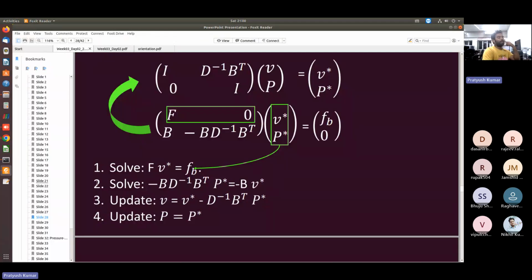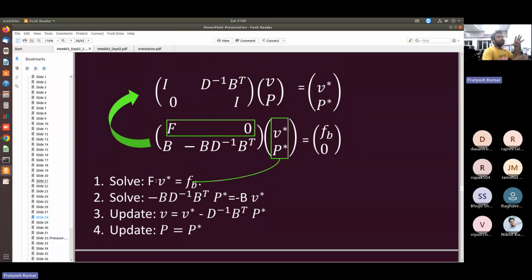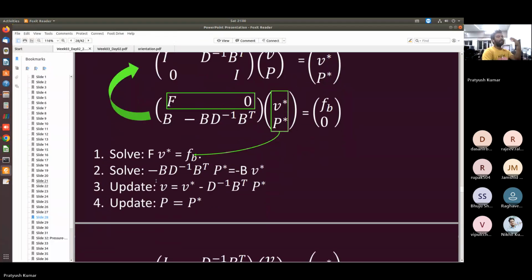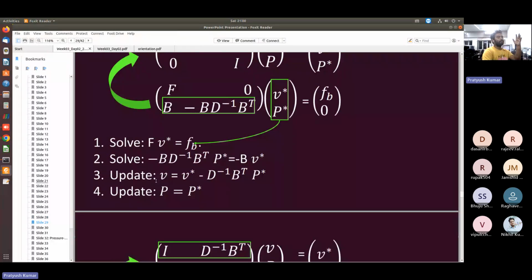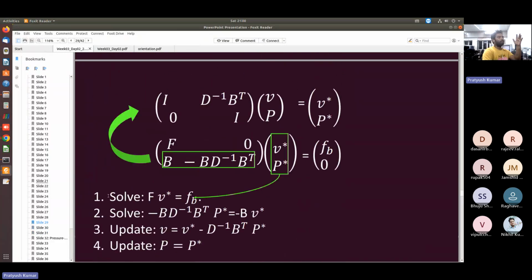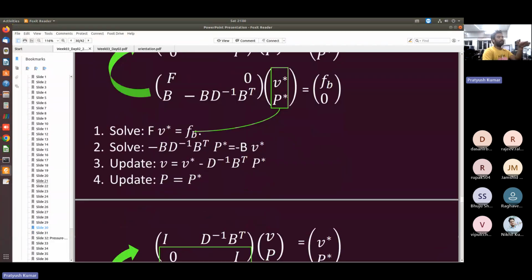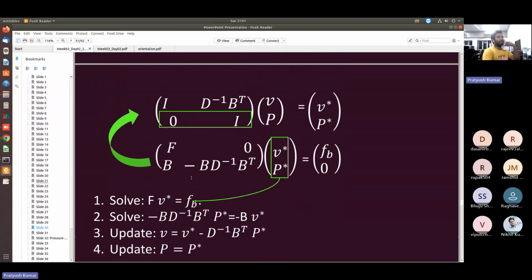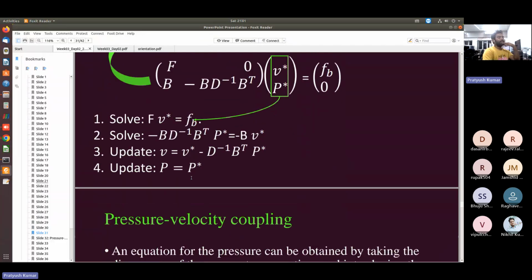This iteration continues until we get a converged solution. This is just simplified using the matrix form. Now we are going to see the derivation of the given equations. Whatever I told you, these steps have been given in the different slides. You may visit the slides later.